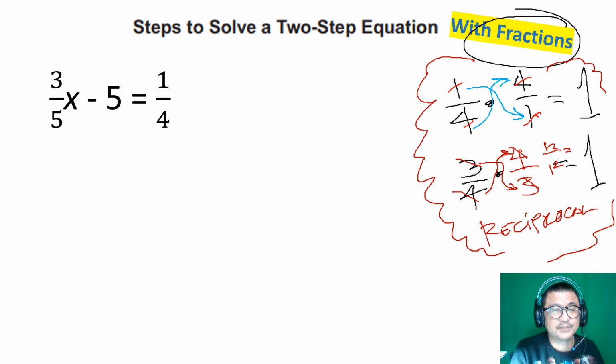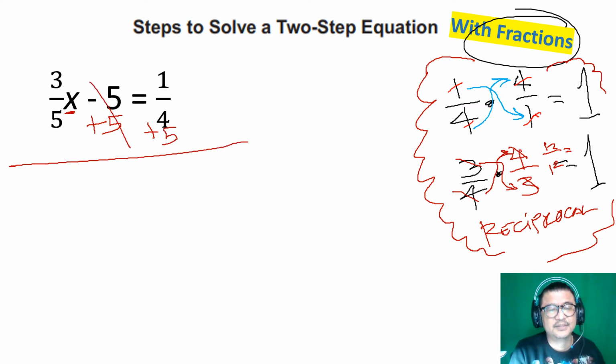Okay, so let's look at this. I need to get rid of that minus 5. So add 5 to the left, add 5 to the right. I showed it. Then I can cancel it. 3/5 x goes down, the equal sign goes down, 5 plus 1/4 is 5 and 1/4.